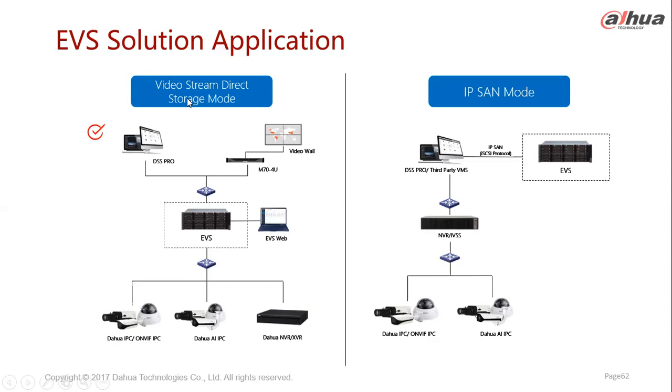But in the first mode, video stream direct, it means the camera's video information will go to the EVS directly and be stored in that. So if you implement in IP-SAN mode, you can take the full advantage and use it for other purposes, like the iSCSI protocol, and it even has HTTP support and other functionalities.